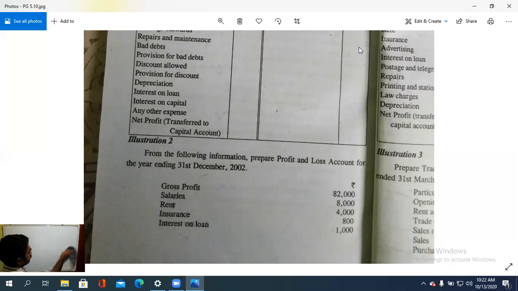Firstly, note that the form for the P&L account is the same as it is for the trading account. From the following information, prepare profit and loss account for the year ended 31st December 2002.